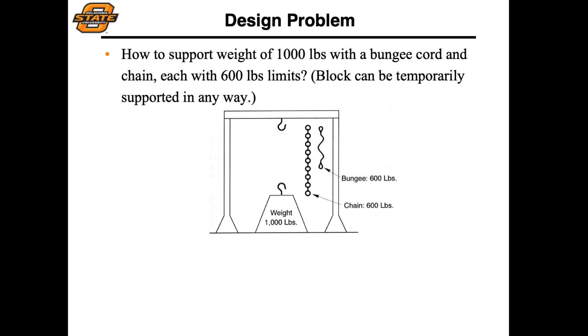So you would design this in such a way that if you want to carry that 1,000-pound load limit, you would design around one system reaching or straining or stretching up to a point where it would carry your design load, which is going to be less than the overall load limit of 600 pounds for that individual component.